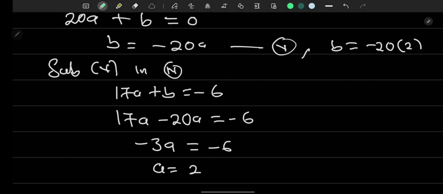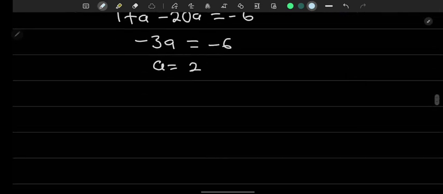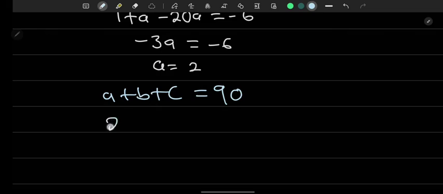So from there we have b to be minus 40. Now we've gotten a to be 2 and b to be minus 40, so we can make use of equation 1 now to get c, where in equation 1 you have a plus b plus c equals 90. By the time we make the substitution here, you have 2 minus 40 plus c equals 90.